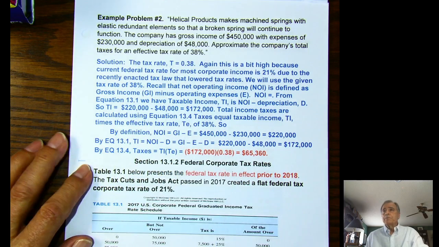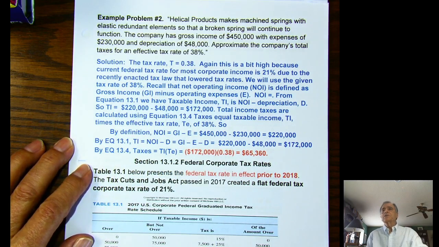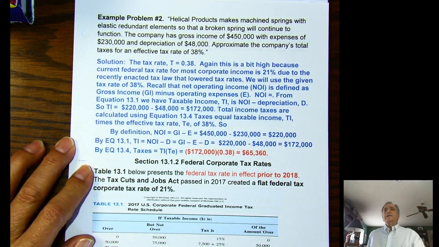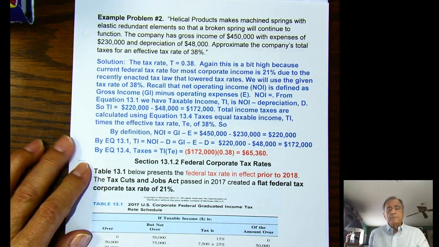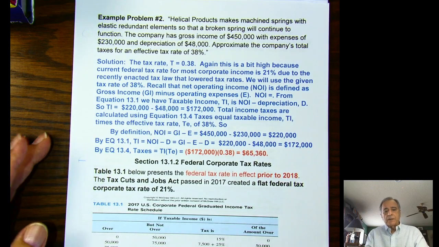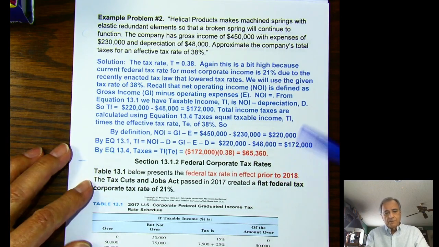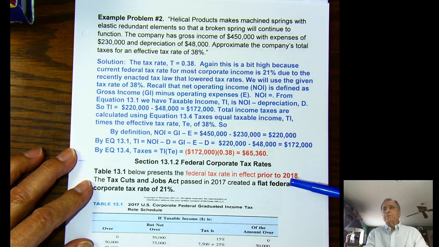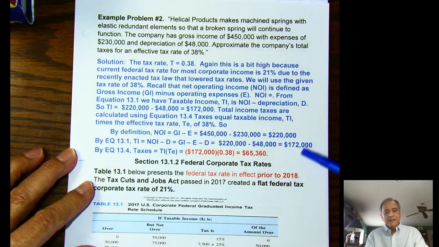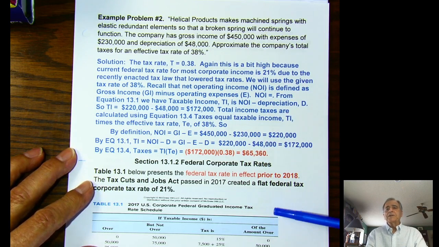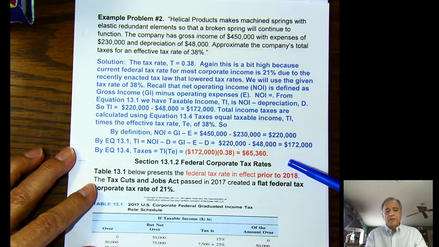That's a pretty stiff tax rate in today's environment. It wasn't a few years ago. In fact, that would be when that problem was written. But in today's taxing environment, we'll see a little bit later in today's lecture, that's a pretty stiff tax rate.